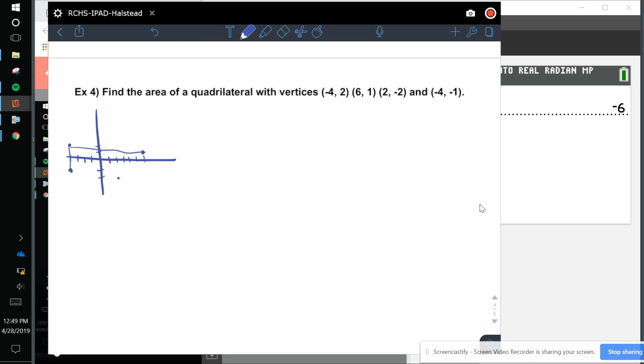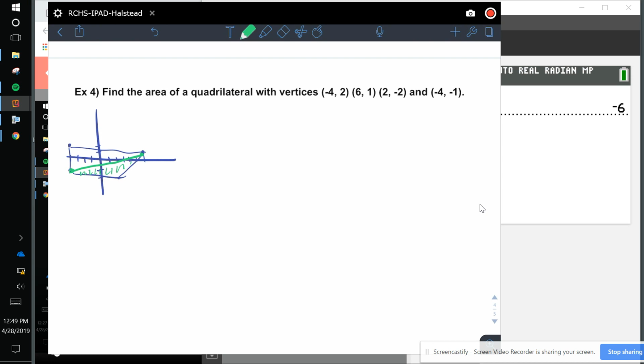So I have a quadrilateral that looks something like that. A quadrilateral is made up of 2 triangles. You can cut the triangles wherever you want. I need to do the area of one triangle plus the area of another triangle.